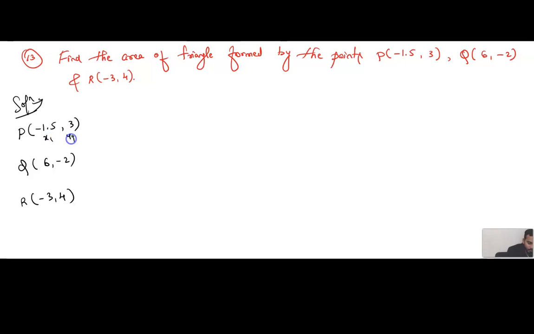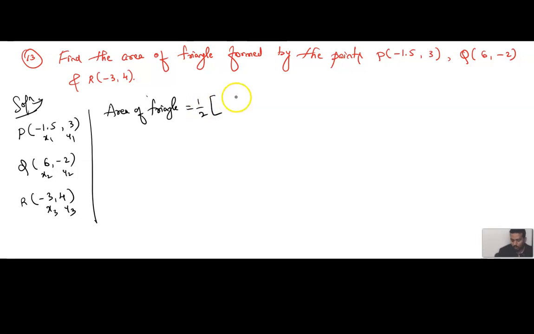So this is x1, y1, x2, y2, x3, y3. We can write the formula now. That is nothing but area of triangle PQR is equal to half into x1 into (y2 minus y3) plus x2 into (y3 minus y1) plus x3 into (y1 minus y2).